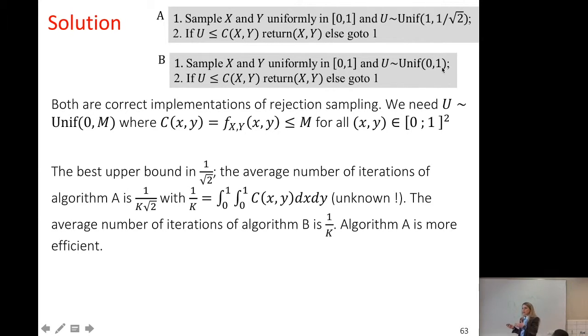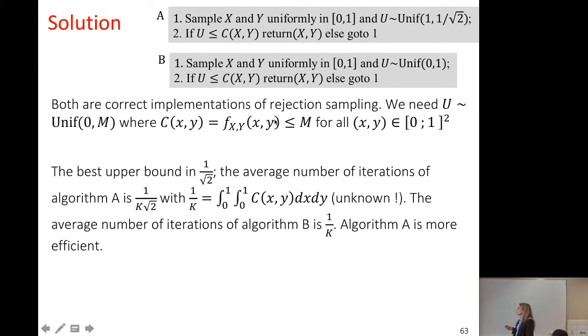So based on the theorem that we've seen before, and the simplification, what we need here is a bound M on C. And this algorithm uses the bound 1 over square root of 2, and this algorithm uses the bound 1.